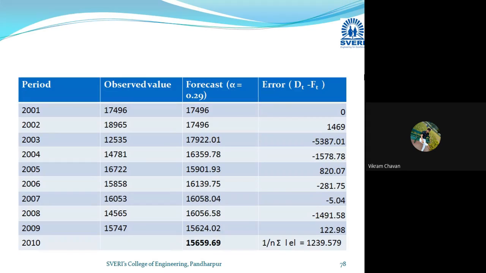Okay, so reach up to 2009. If you have any problem, please ask. If you are not getting the values, cross check with my values. If you have written any wrong value, then also suggest that I change the value. No problem, but everybody solve this particular problem. Reach up to 2009, forecasted values up to 2009.